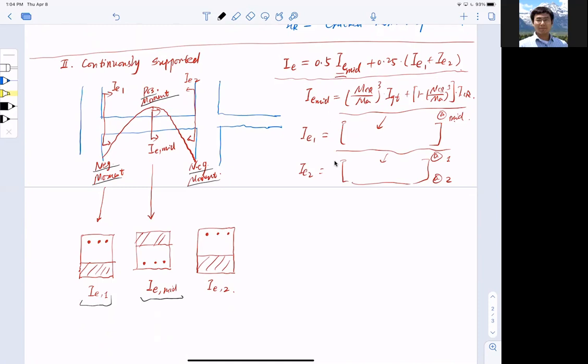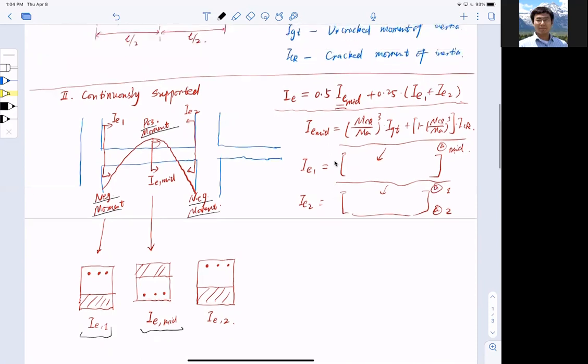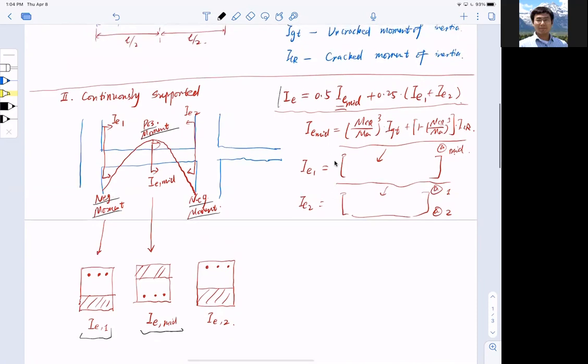Because of such a moment distribution, to compute the effective moment of inertia we have to use this equation, which takes into consideration the different distribution of the moment within the beam. We have IE middle span, the effective moment of inertia at the middle span, and IE1, IE2, which are the moments of inertia at both ends of the beam.